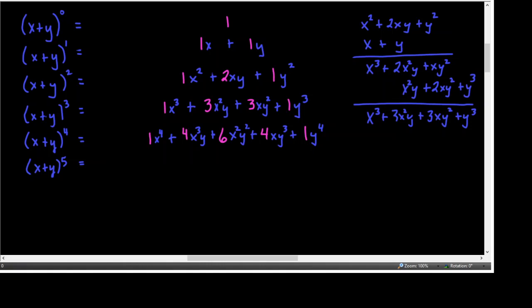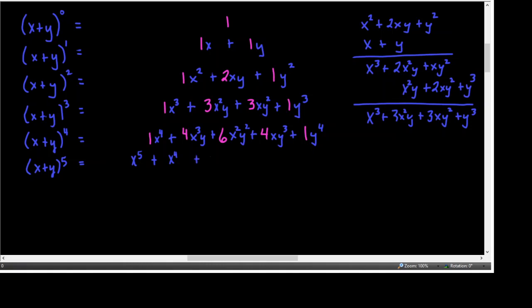So I'm thinking that with x plus y to the 5th, instead of actually doing the multiplication, let's see if we can get it right. So I'm going to look at the powers of x first. The powers of x will decrease. So the first one will have x to the 5th, the next one will have x to the 4th, and I'm leaving spaces for other things that are going in there, so don't squeeze this up too much.